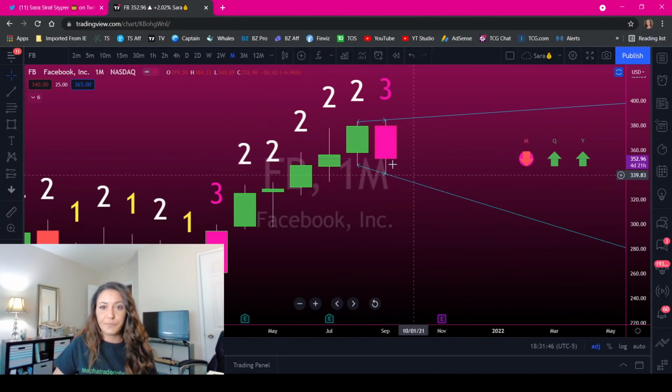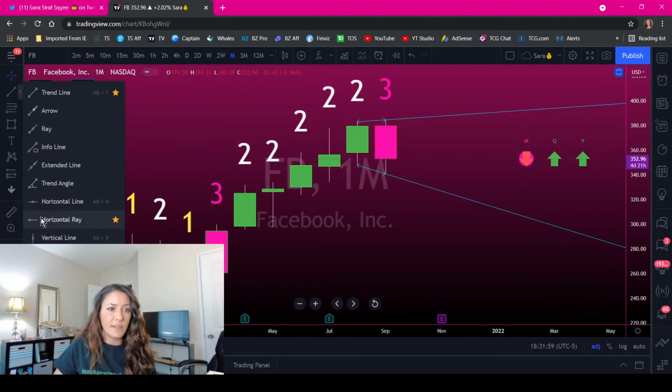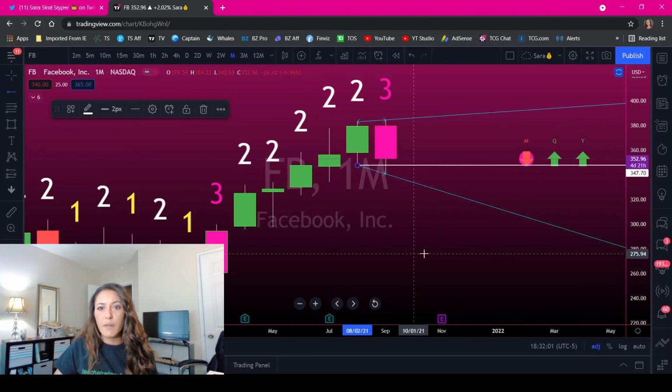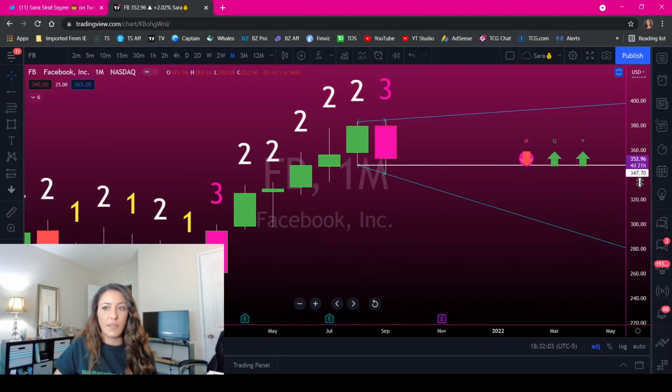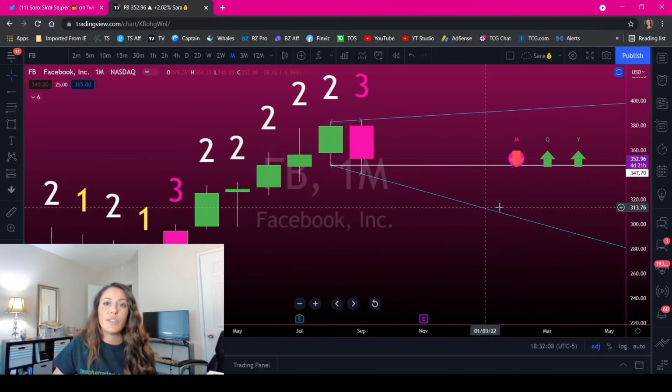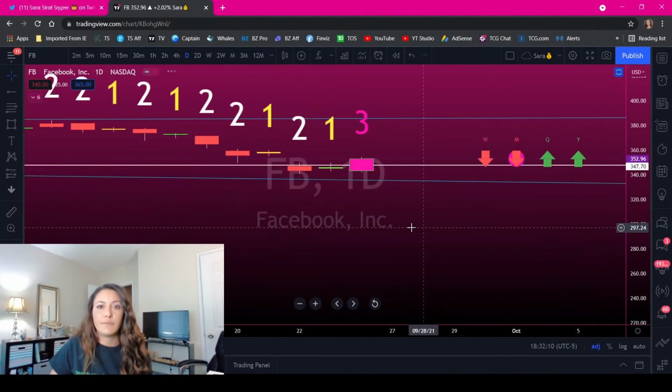So see, we opened, we top ticked barely, started coming back through, hit the 50%. We kept going. So we knew our target was going to be, let's use my lines, it's easier, at least 347.70. All right. So what do you do with that?